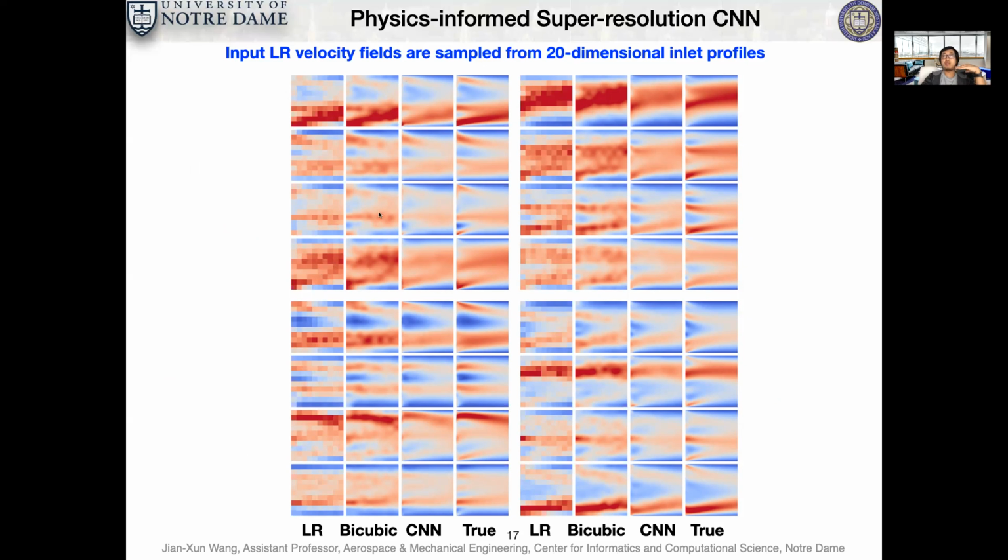This inlet velocity profile is a random field, and we use the KL expansion with 20 modes to represent it. Similarly, although no high resolution labels are used, our CNN super resolved flow fields agree with the ground truth pretty well for these randomly selected 16 samples.